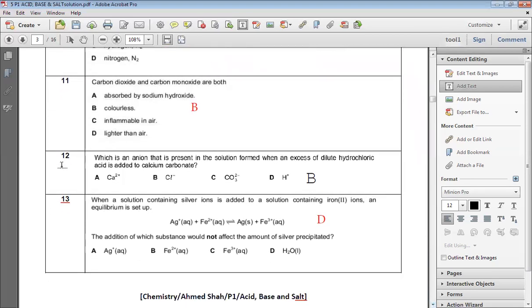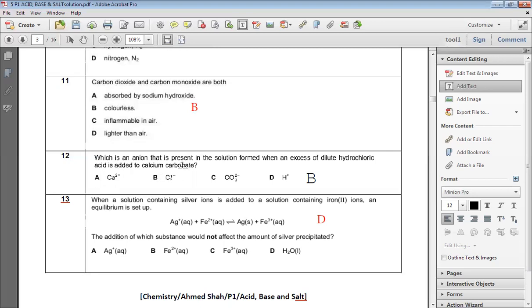Now, question number 12, a tricky question related to the ionization of acid, which asks for an anion. Anion means a negatively charged particle that is present in the solution when an excess of dilute hydrochloric acid is added to calcium carbonate. Calcium and hydrogen are positive, both are considered cations. While B is chloride.